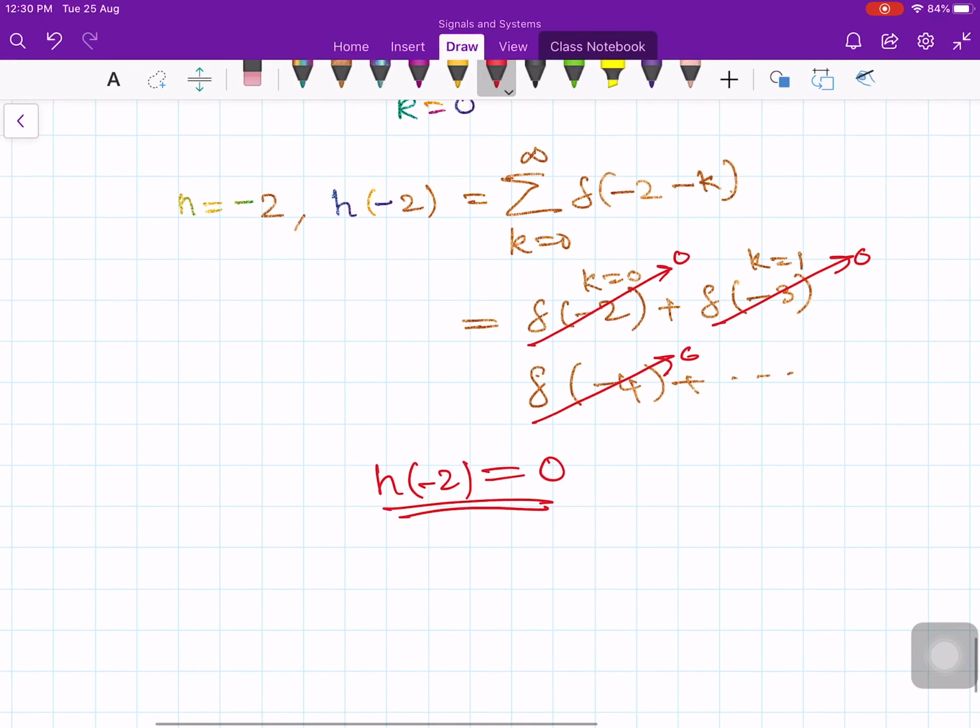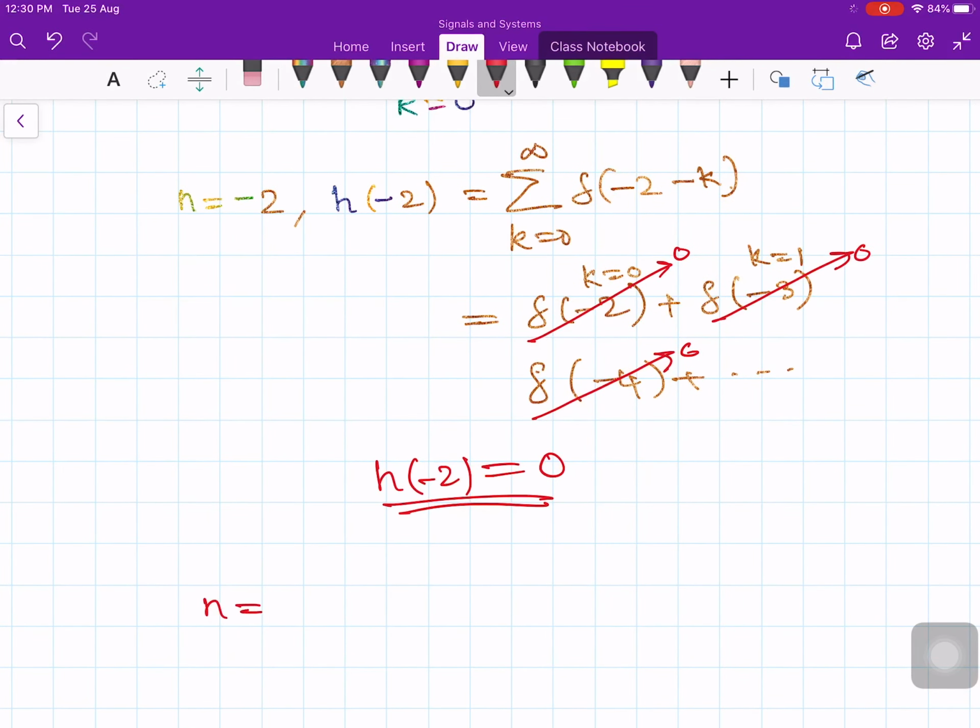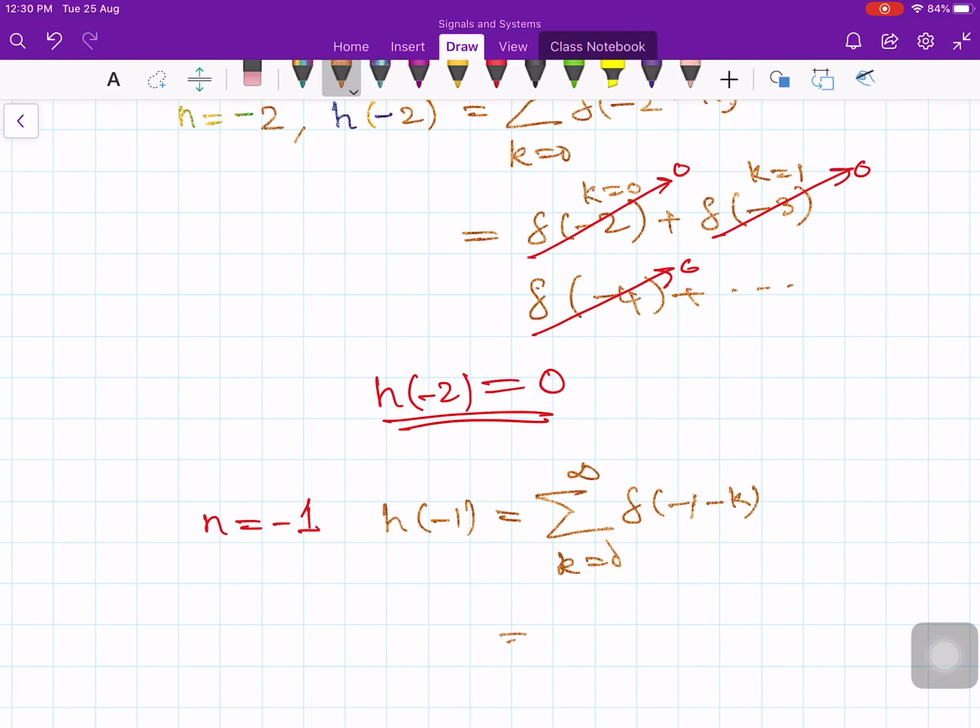Substitute n equals minus 1, then h of minus 1 is equal to sigma k equals 0 to infinity del of minus 1 minus k, because the n value is minus 1. So again expand this, you will get del of minus 1 when k equals 0, plus when k equals 1 it becomes del of minus 2, plus del of minus 3, and so on.